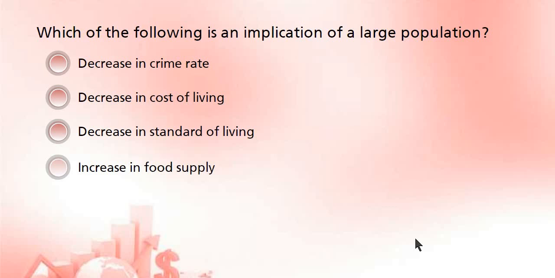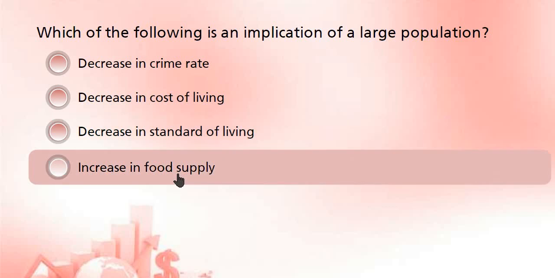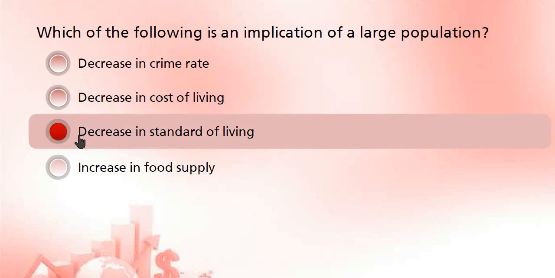Question 26. This question says, which of the following is an implication of a large population? A. Decrease in crime rate, B. Decrease in cost of living, C. Decrease in standard of living, D. Increase in food supply. The right answer is decrease in standard of living.